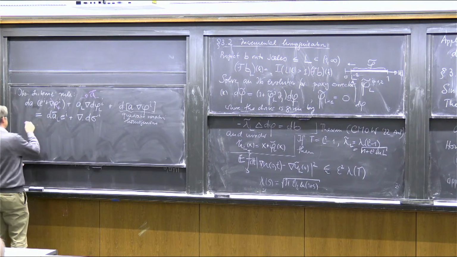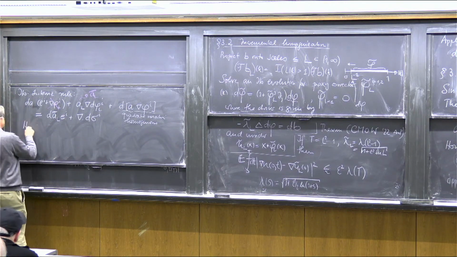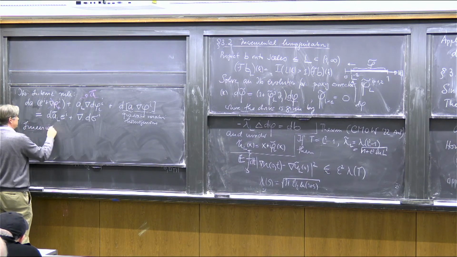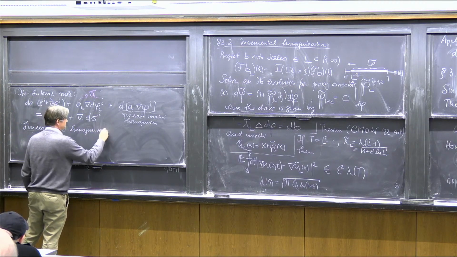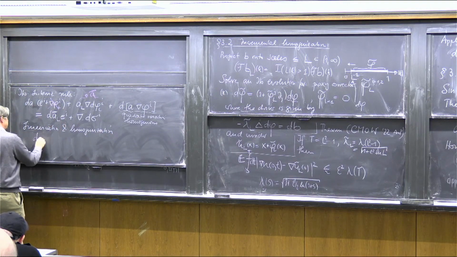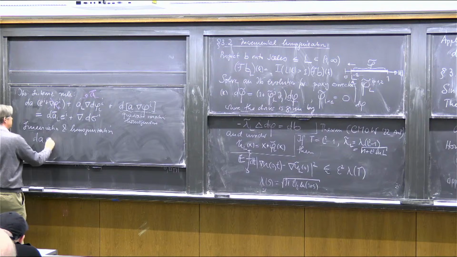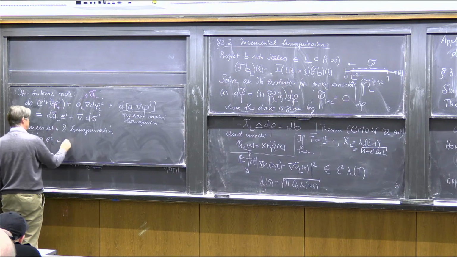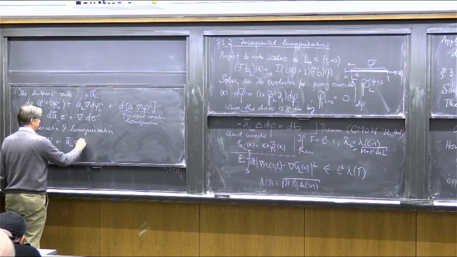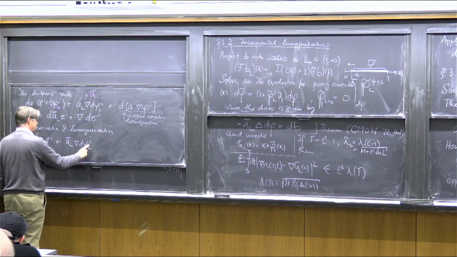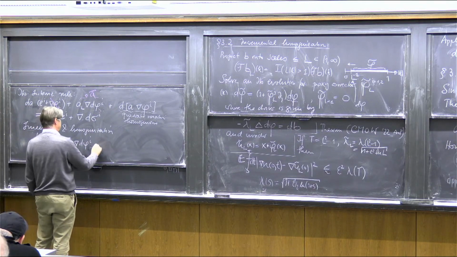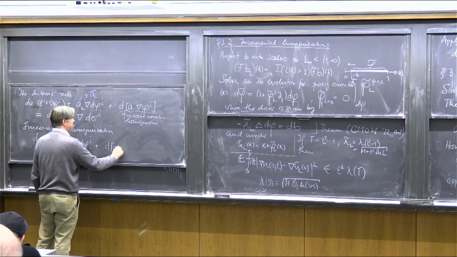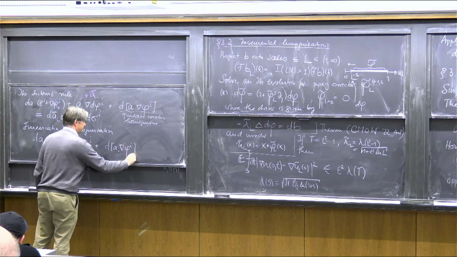So again, we do linearization and homogenization, which gives us dA (E^i plus A_L bar gradient d phi^i) plus dA grad phi^i.